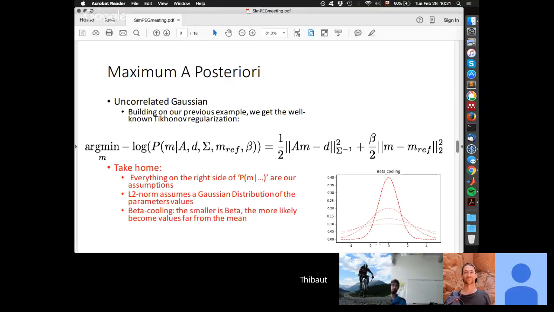And the more you cool beta, the more you allow your model to take values far away from your mean, so away from your MREF. So we got back what we already all knew, but I found it really nice to derive it from this point of view and put all the assumptions behind it under the spotlight.